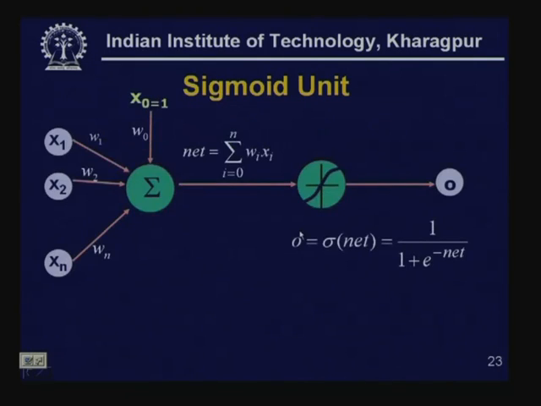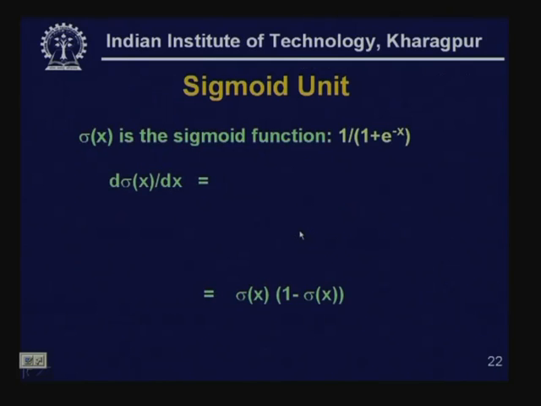You see, the mathematics becomes much simpler when we deal with the sigmoid function, because not only is it differentiable, but differentiating it gives us a form we can express in terms of the function itself.